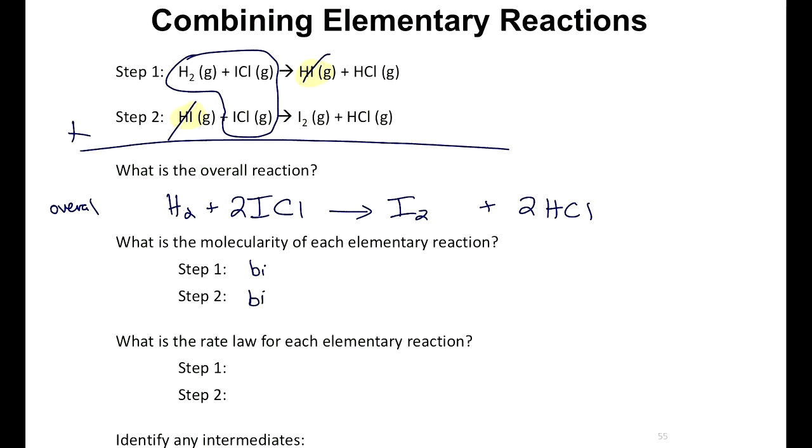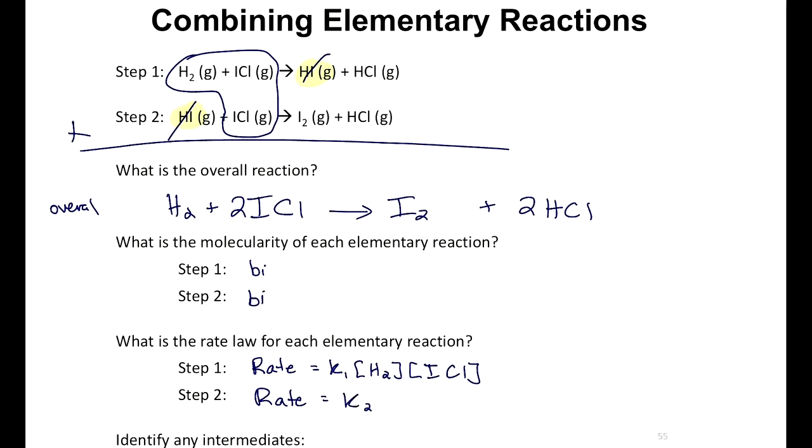Great. So let's determine the rate law for each step. So step 1, the overall rate of that specific step is equal to some k. I'm going to call it k1 because it's the rate constant for step 1, times the concentration of H2 times the concentration of HCl. That's it. And then the second one is going to have a different rate constant.